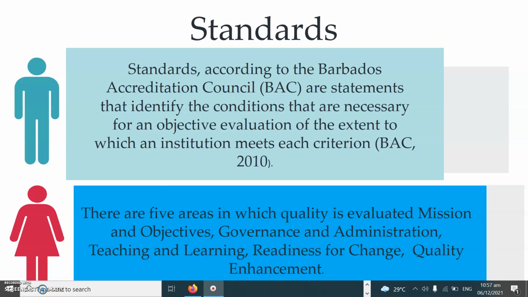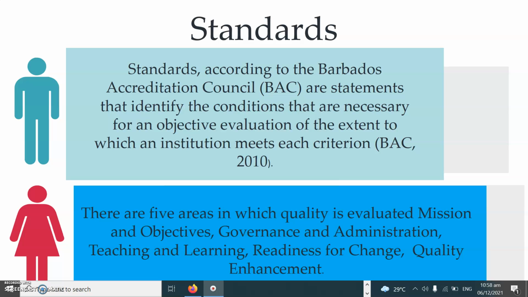So what standards are we going to use in this evaluation exercise? According to the Barbados Accreditation Council, standards are statements that identify the conditions that are necessary for an objective evaluation of the extent to which an institution meets each criterion.